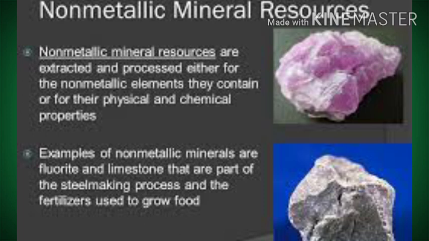Getting it? So minerals which do not contain metals are known as non-metallic minerals, such as coal, petroleum, nitrate, potash, mica, gypsum. And as they are non-metallic, we can't convert them into thin sheet or wire.